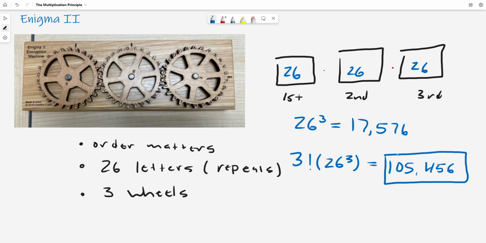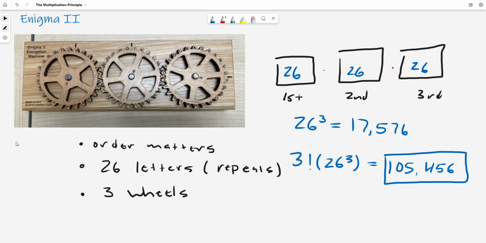So if I was to give a message, you would have to go about guessing the key that was used in order to encrypt the message.